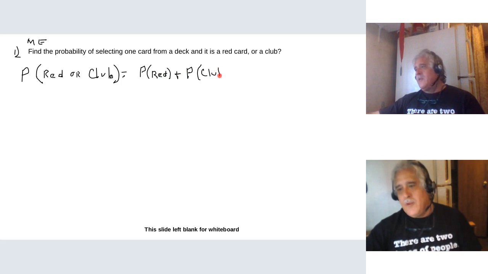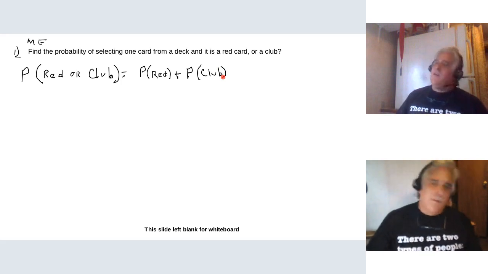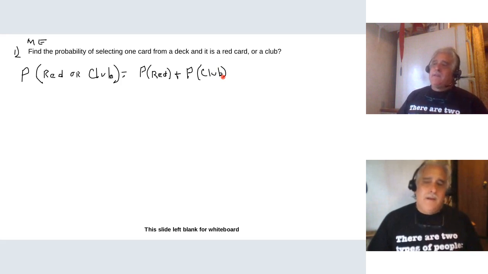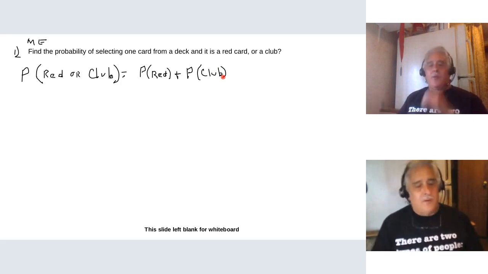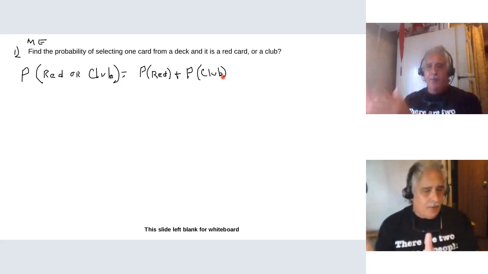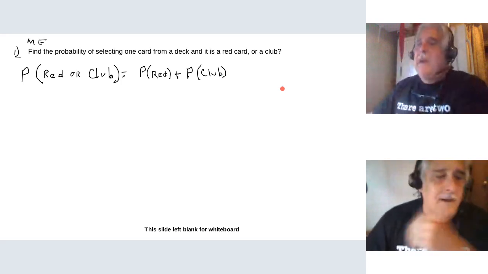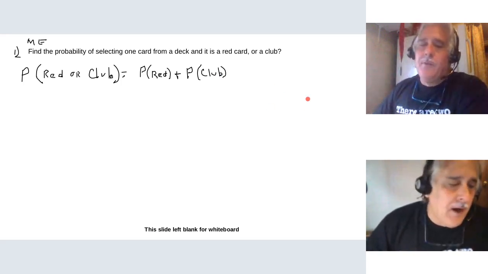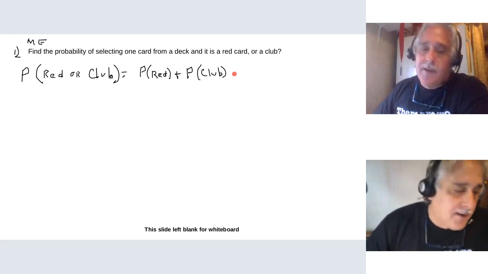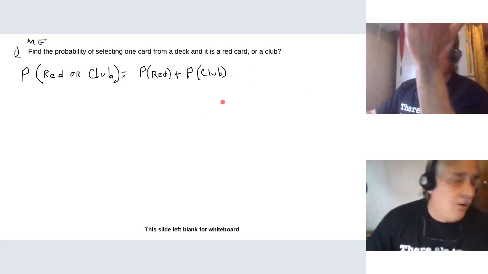The one thing that's good about that formula is, like I said, I sometimes think we could simplify things by saying there's really one formula for or, the more complicated one that was on the right. If we state it like that, then if there's no overlap, that part of the formula is going to be 0. So you can just remember that one formula, and then realize that if you've got mutually exclusive events, this minus part is going to be 0 because there's no overlap.